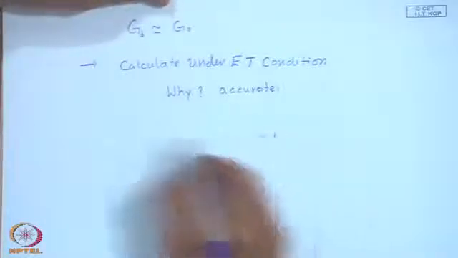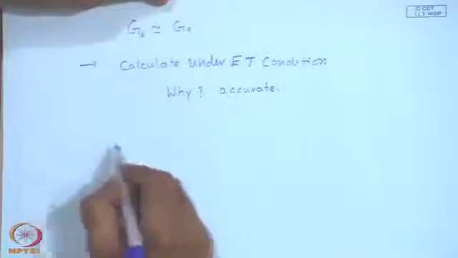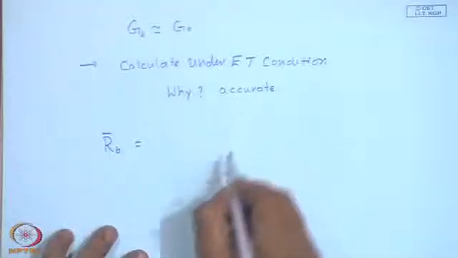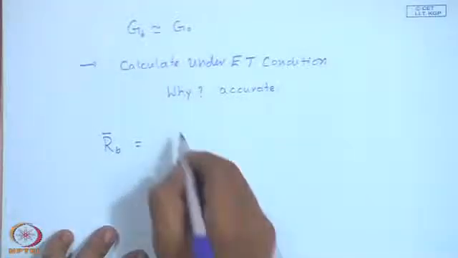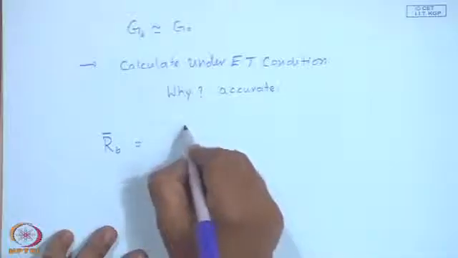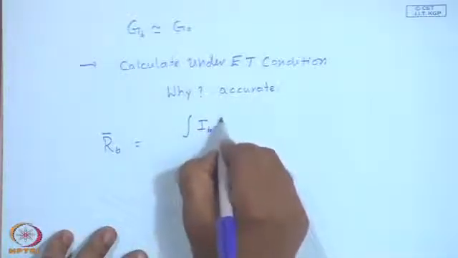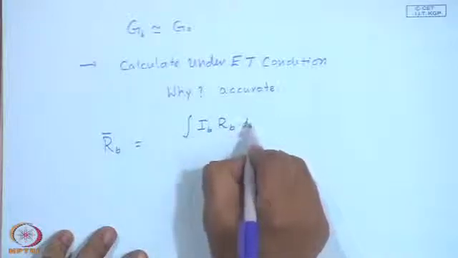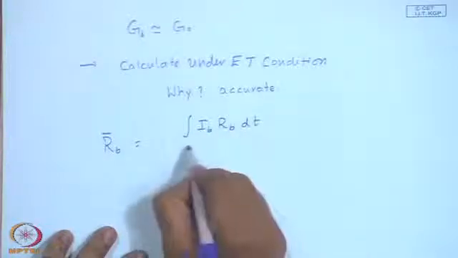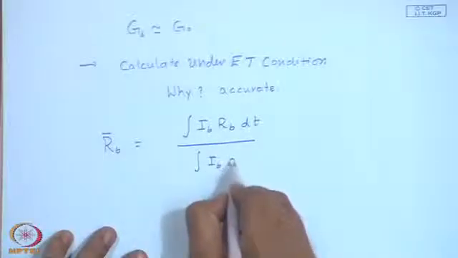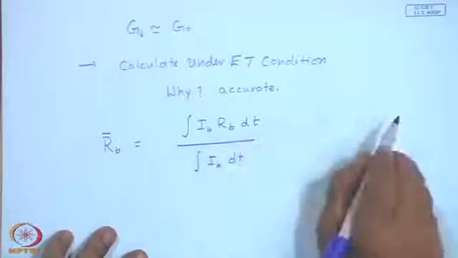We can put forth one argument. Again, if we do not bother too much about the rate and the intensity or the hourly value, basically it is integral of I B R B d t by integral of I B d t.